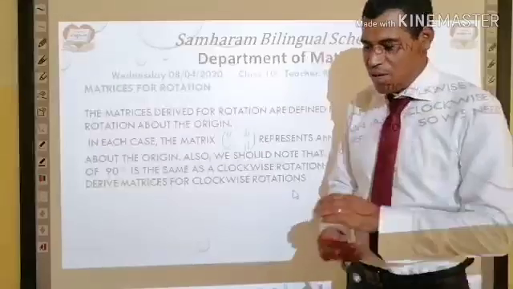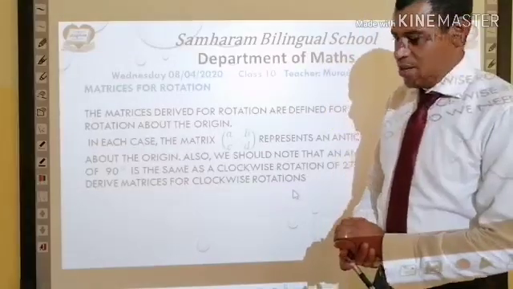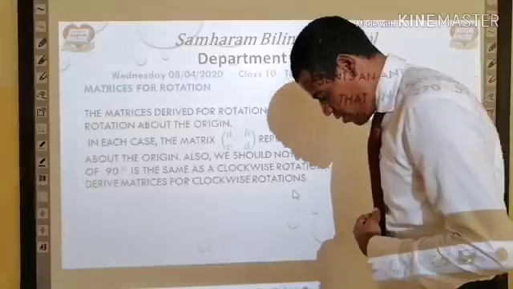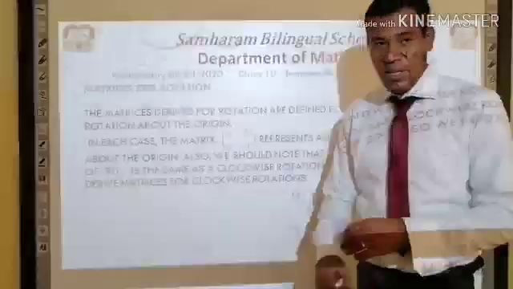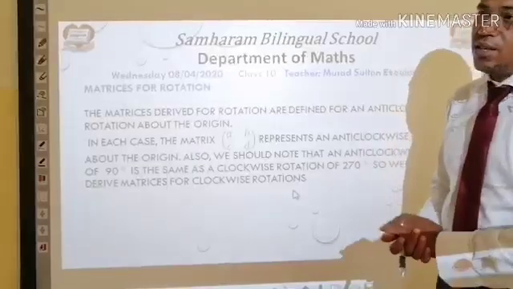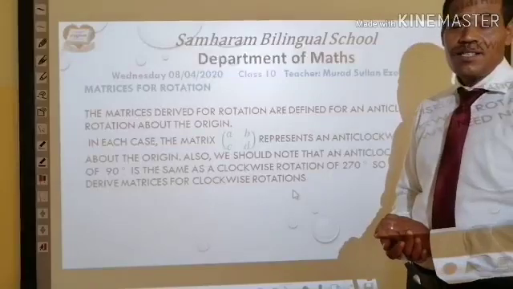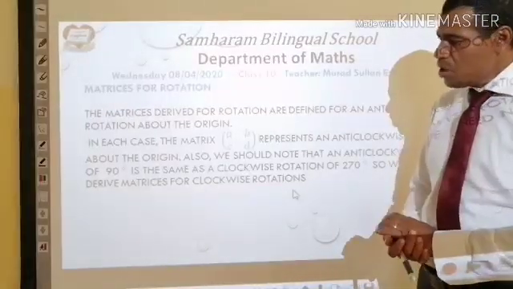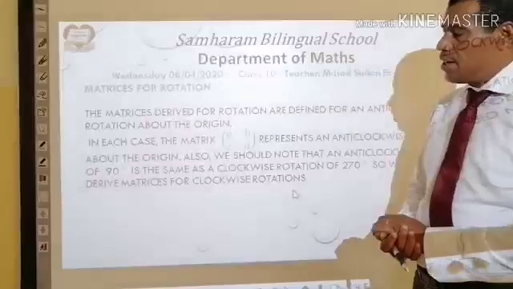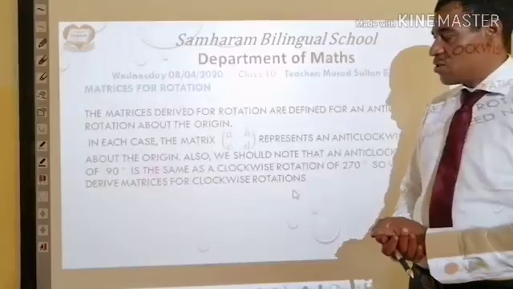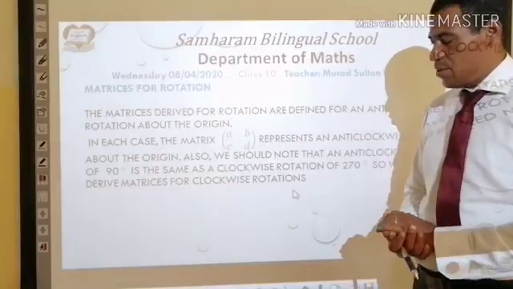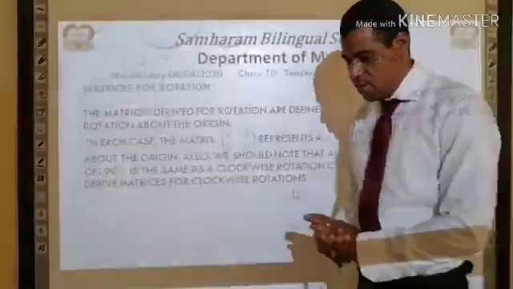Yesterday we saw how you can reflect shapes in the line y equals x and y equals negative x, and in the y-axis and x-axis, using algebraic techniques and not geometric techniques. We stop at this point.